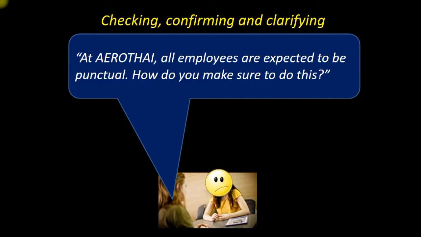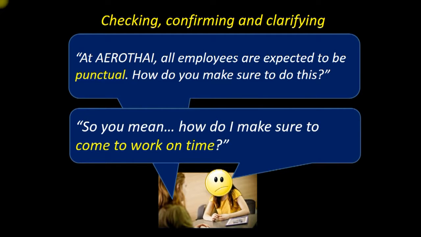Another way to do this is like this. Think about this question. At Aerothai, all employees are expected to be punctual. How do you make sure to do this? Now, maybe you don't know the word punctual. Or maybe you do, so you want to check or confirm. So you mean, how do I make sure to come to work on time?